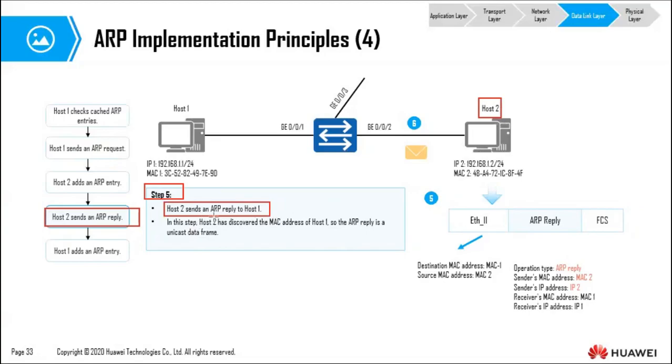So in this step, host 2 has discovered the MAC address of host 1. The ARP reply, this one is very important. The ARP reply is a what? Unicast data frame. It has to be a unicast data frame.